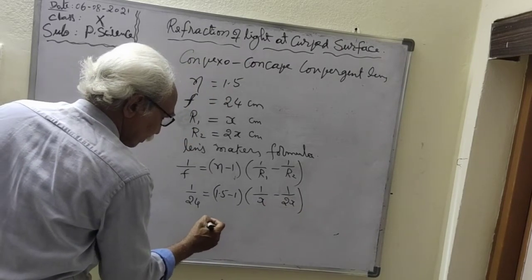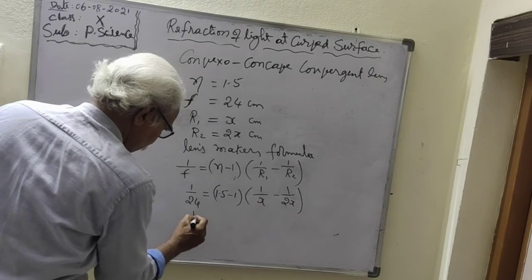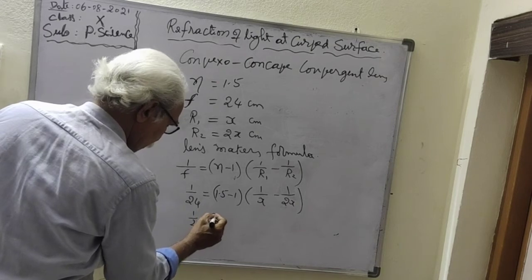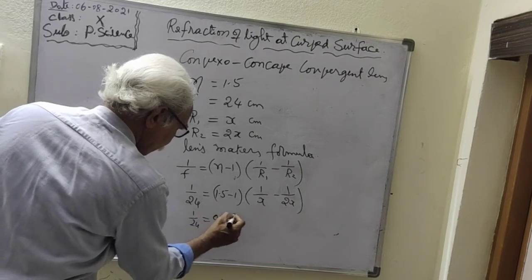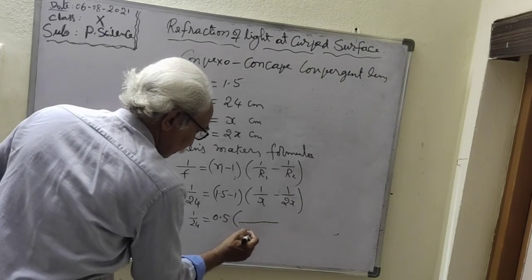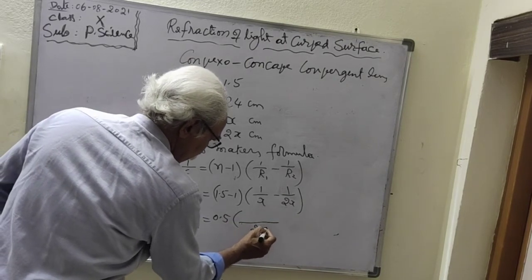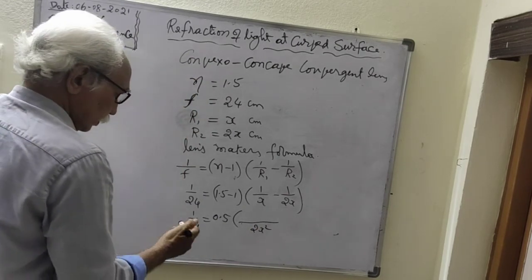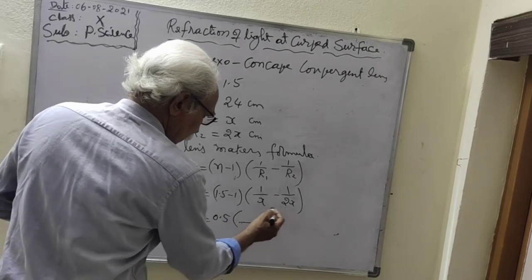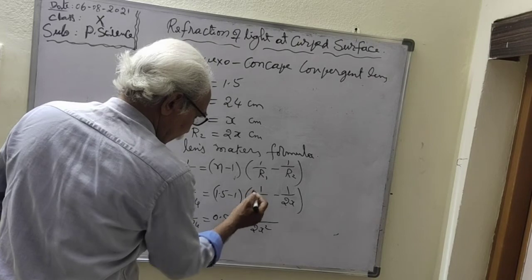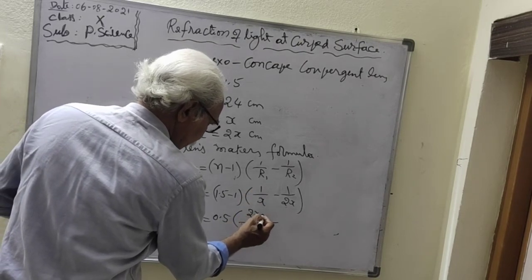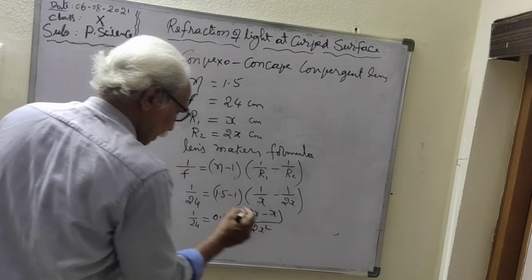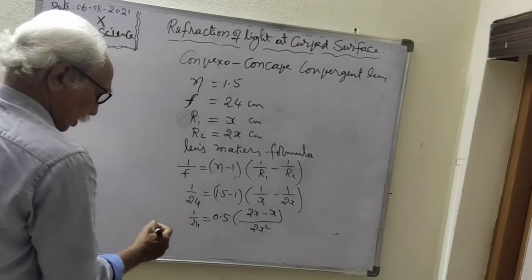Taking the LCM, 1 by 24 is equal to 0.5 into, the LCM being 2x square, 2x minus x.